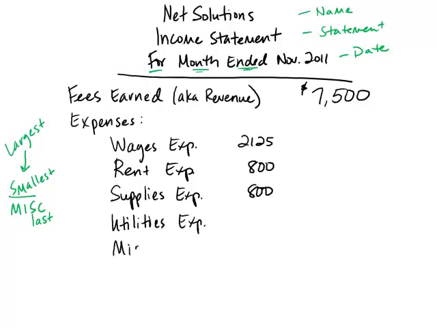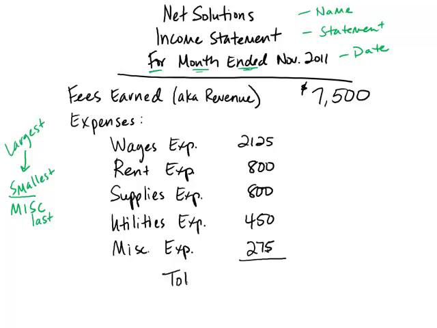And miscellaneous. Miscellaneous happens to be the smallest, so it's last, but even if miscellaneous were $1,000, it'd still go last. It should be the smallest because that's just for the little leftover stuff you don't want to create a whole account for. If it's a significant amount, you probably want to go ahead and make an account for it. So I think they said this was for a magazine subscription and postage in this example.